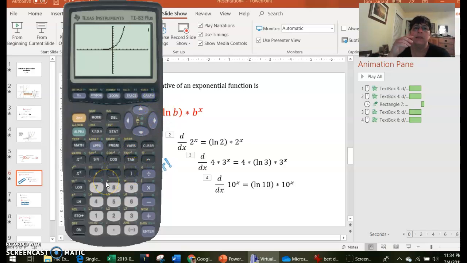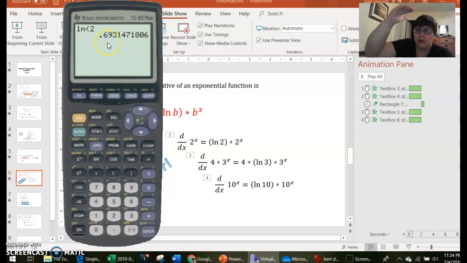So as I graph it, I know exponentials take a little bit longer. You notice that we still have this exponential function right here, this 2 to the x. It's just being multiplied by a number that's going to slow it down. What is the natural log of 2? Let's see, natural log of 2 is a little bit less than 1. So you can see why that was getting pulled down.